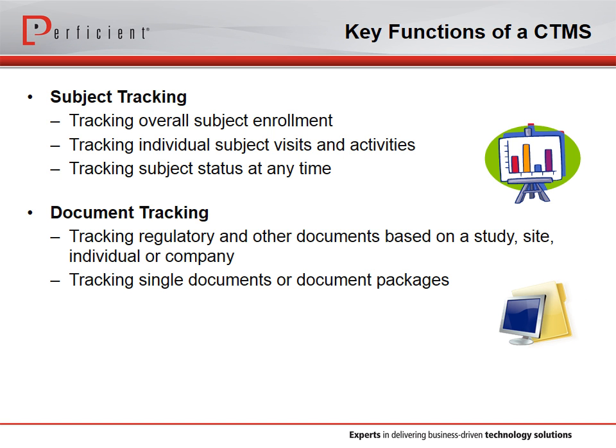CTMS also streamlines the document tracking process for trials, which we know can be a large and costly component of every trial. A CTMS can help standardize the documents that must be collected from or sent to each site, even country-specific documents.